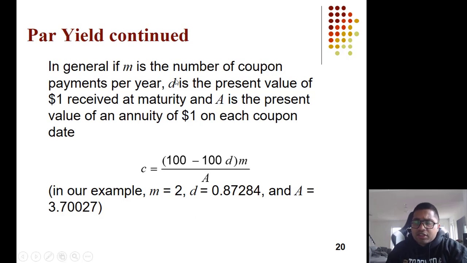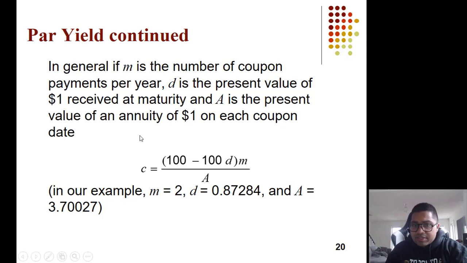In general, there is a shortcut method that generally shows up in the exam. These things would be given to you, and you have to calculate the coupon. So coupon, that is par yield, equals (100 minus 100 times D) times M divided by A. The discount factor would be given to you. D is the present value factor of the $100 that you receive at the end.